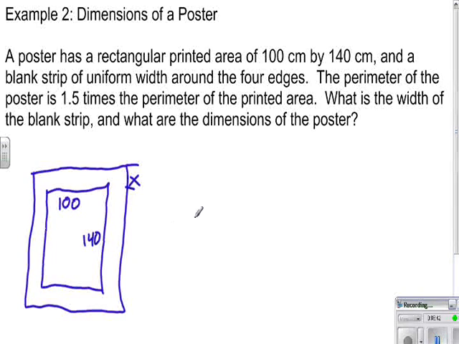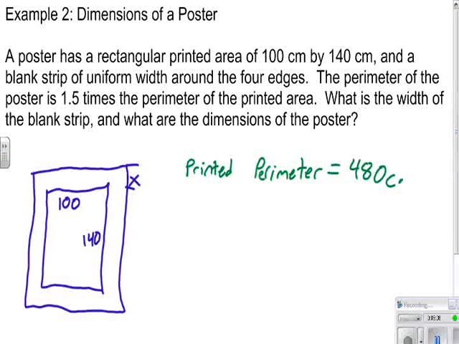This would also be 100. This would also be 140. So that would be altogether 480 for the printed area. We'll call it printed perimeter, 480 centimeters.